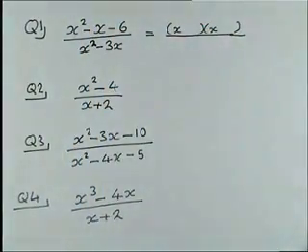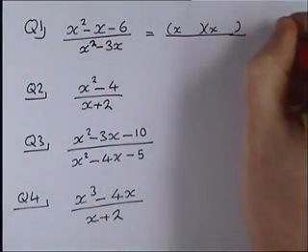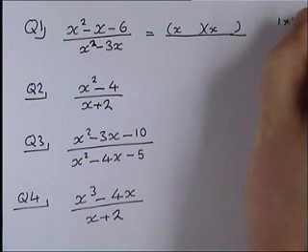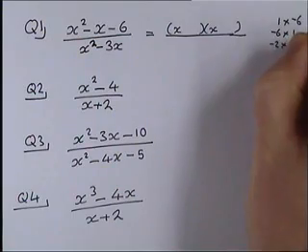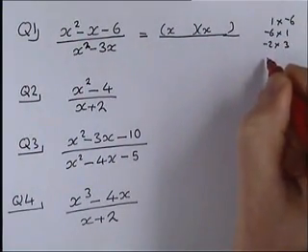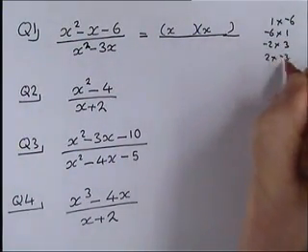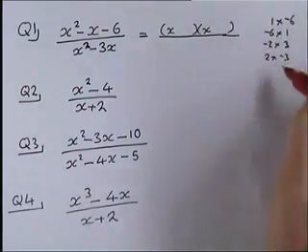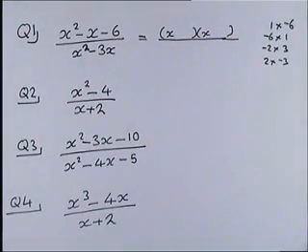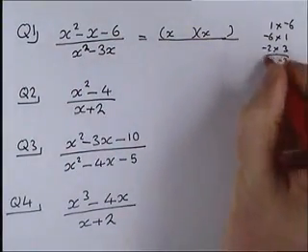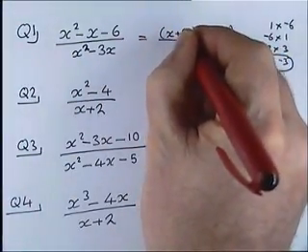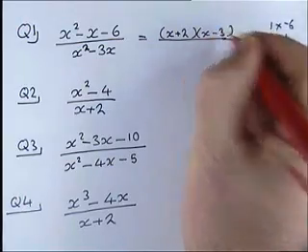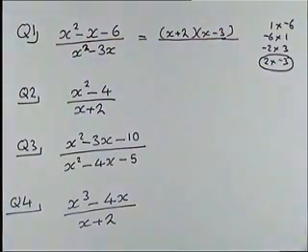So the two numbers that multiply together to give negative 6, well, you've got 1 times negative 6, negative 6 times 1, negative 2 times 3, and 2 times negative 3. Now, only one of those pairs adds to make negative 1, and it's this bottom pair here. So the answer on top is x plus 2, x minus 3. So that's been factorised on top.